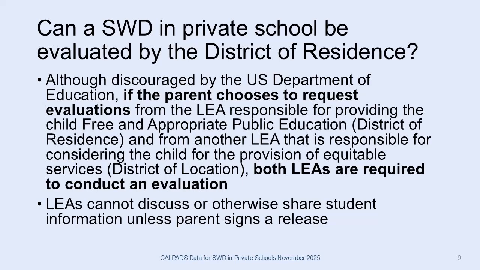The key here is both the district of location and the district of residence, if the parent requests it, must conduct an evaluation. In order for those two entities to be able to share information about those evaluations, they have to get a parent release. The parent has to sign a release form to allow them to exchange and disclose information about that student's evaluation.